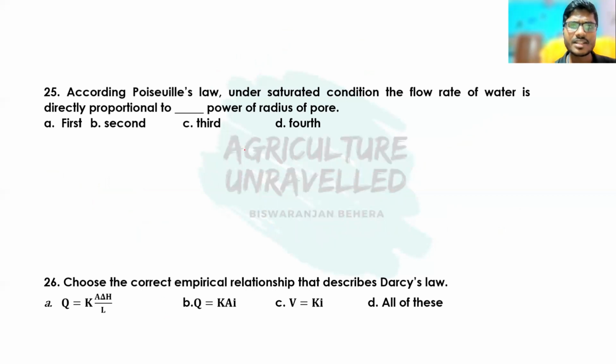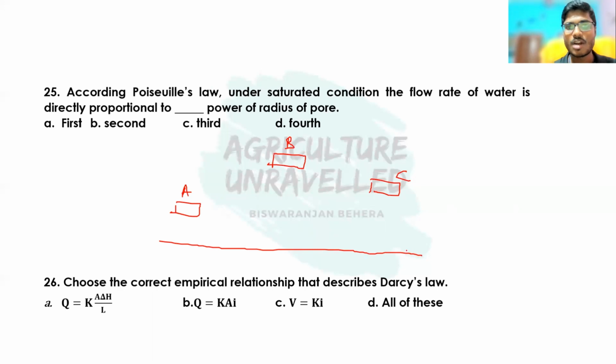Suppose three tanks are there: tank B, tank A, and tank C. This is the ground level. Suppose tank B is kept at a height of 120 meter, A is kept at a height of 50 meter, and C is kept at a height of 70 meter.